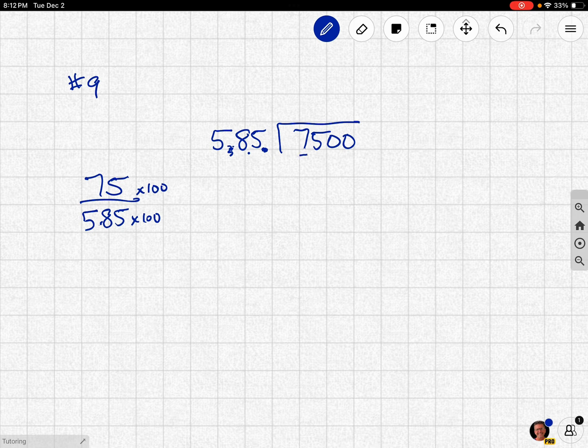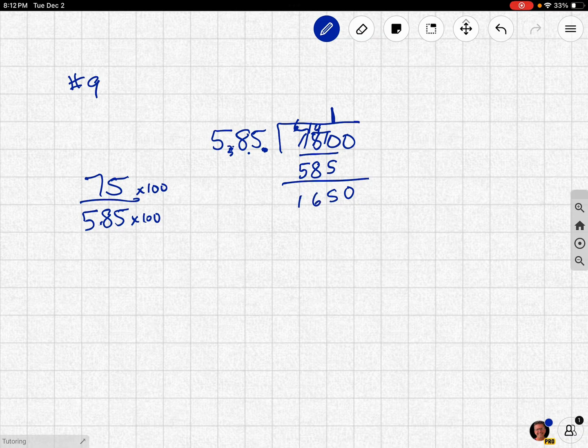Well, I can see that 585 can go into 750 one time, and that's pretty easy at that point, right? And so now I got to regroup here and make that 10 minus 5, 4 minus 8, got to regroup again, make that 14 minus 8, which is 6, 6 minus 5 is 1.